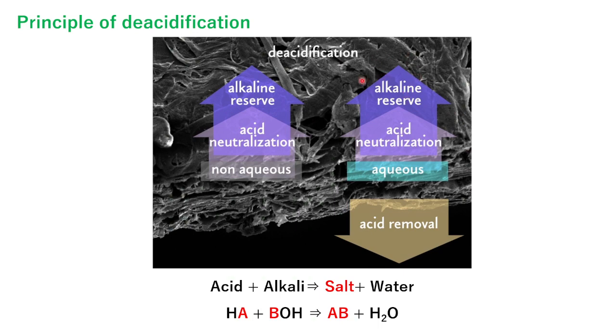And this neutralizes the acids that approach afterward. In other words, neutralization of acidic substances means sufficiently reacting with alkali to remove all hydrogen ions derived from acids. As a result, neutral salts that do not react with other substances accumulate in the paper as a stable alkali reserve. This is the point of paper deacidification.